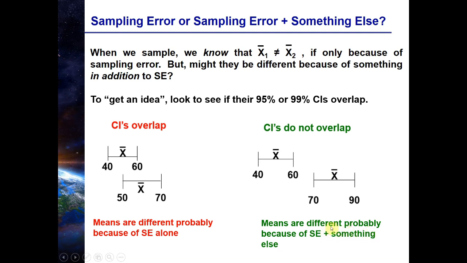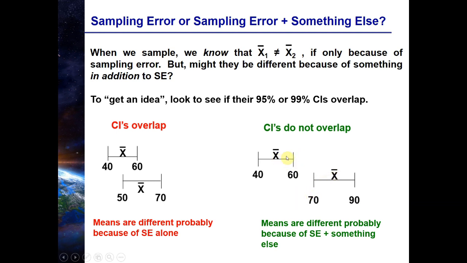So essentially what we're saying is that the true mean mu for the dim screen is probably different from the true mean mu for the bright screen. These are different distributions. And we could be wrong.